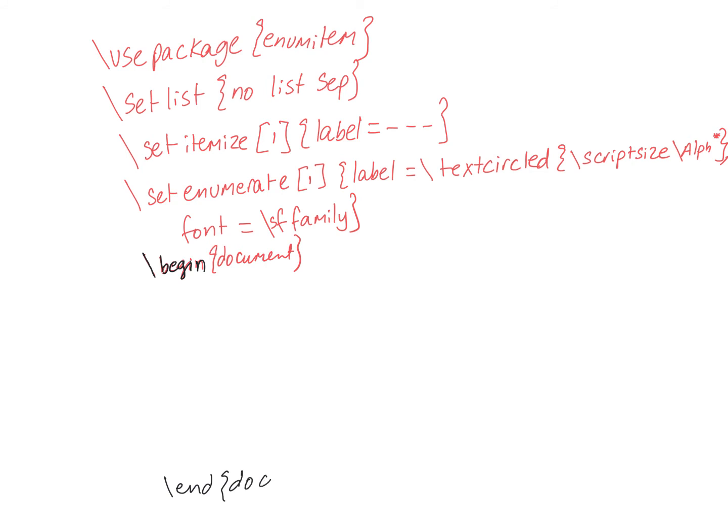So I'm turning it to black so that you can see the environment and the preamble in 2 different colors. So you've got begin enumerate, begin document and end document. So let's begin an enumeration. Remember, this will also have an end enumerate within the lists that you're creating.